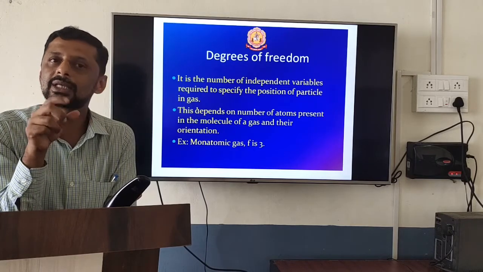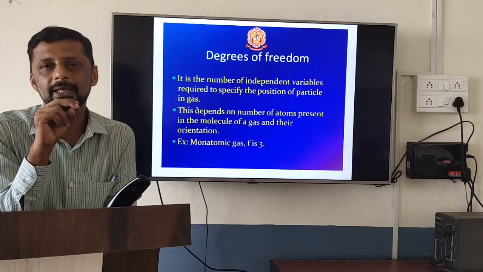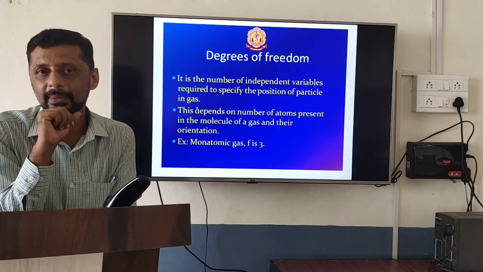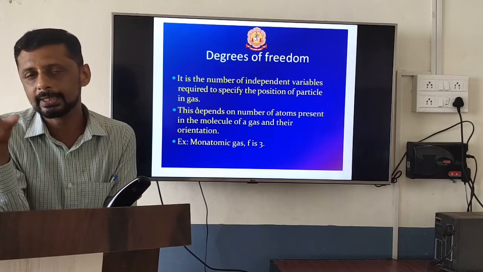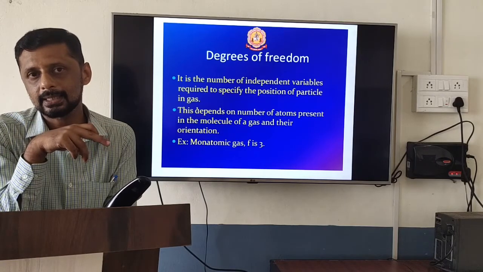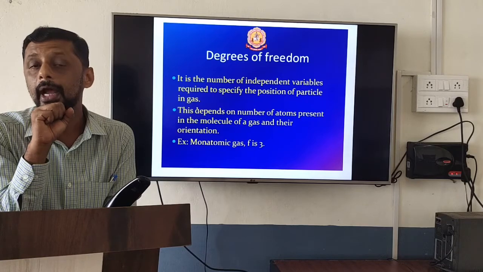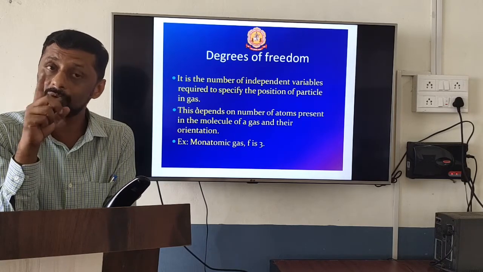For example, if you consider a diatomic gas, O2, oxygen, then 2 atoms are there. So how many degrees of freedom are required? In this case, totally 5. Why? The 2 atoms can move together along the x-axis, y-axis as well as z-axis. 3 degrees of freedom are required for translational motion, and another 2 more are required for what? Rotational motion. They can rotate about their own axis.